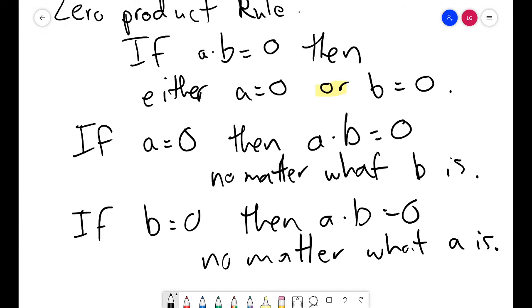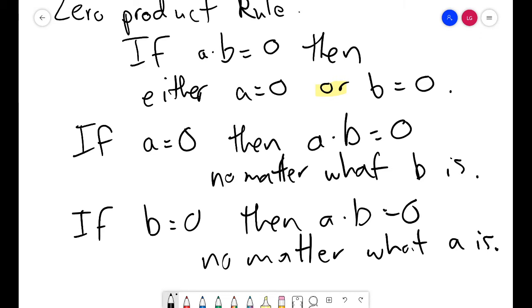So this is a formalization of that statement, saying that if you're multiplying two numbers together, A and B, and those numbers multiply together to be zero, then one of them has to be zero. Now, there's a bidirectional thing that we should think about here.